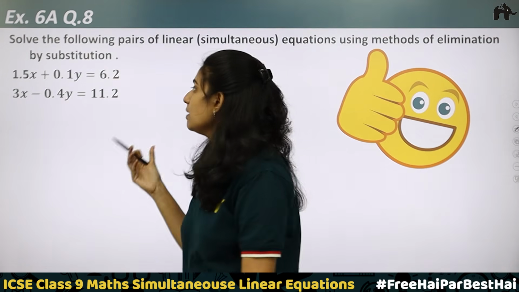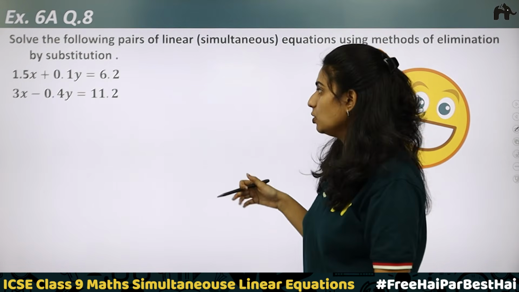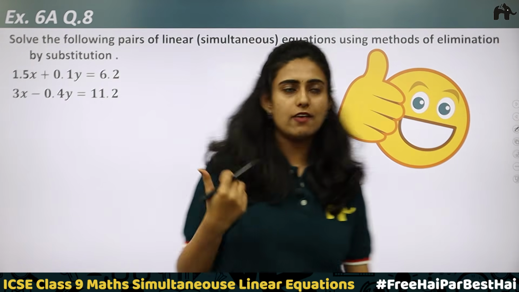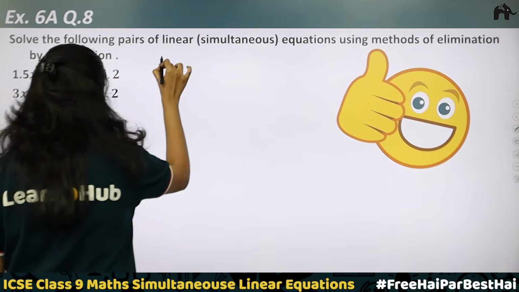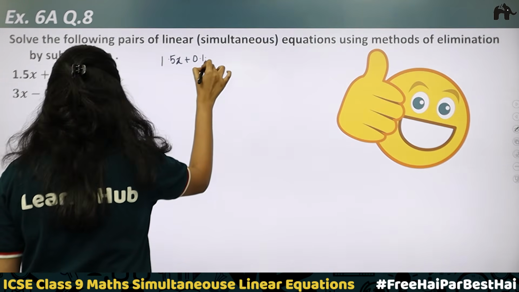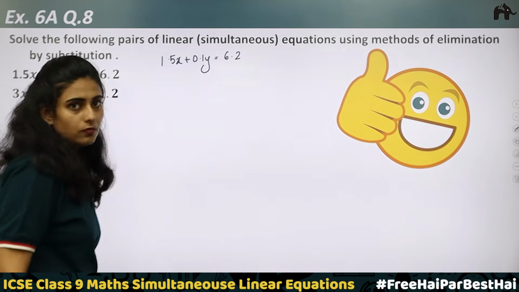Next, question number 8 of exercise 6a. The first equation is 1.5x plus 0.1y is equal to 6.2. And the second equation is 3x minus 0.4y is equal to 11.2. Take the first equation, 1.5x plus 0.1y is equal to 6.2. Okay.